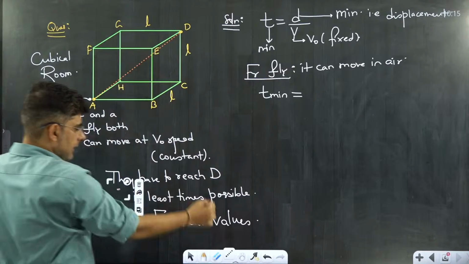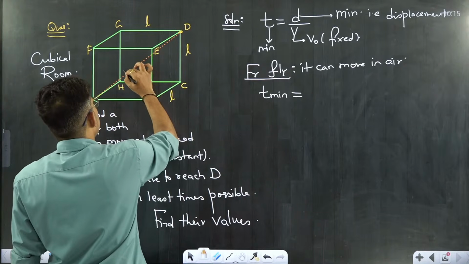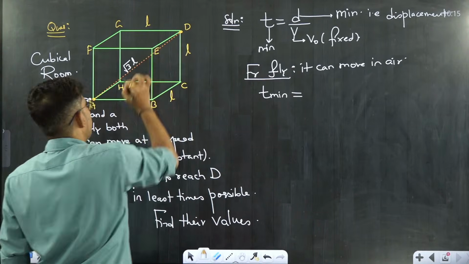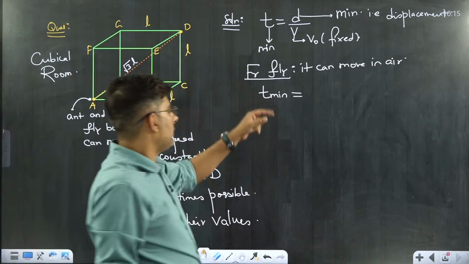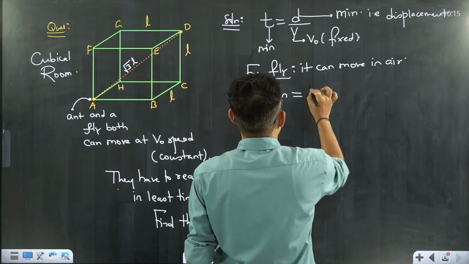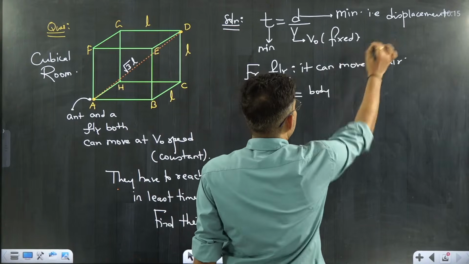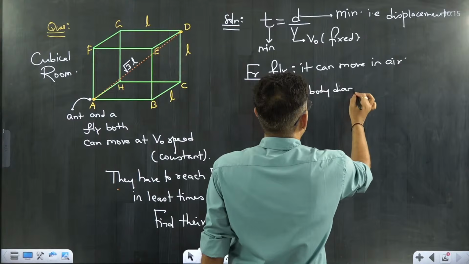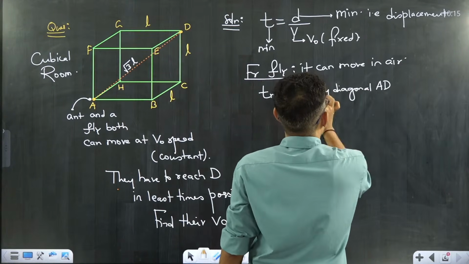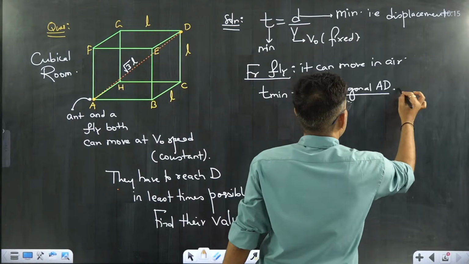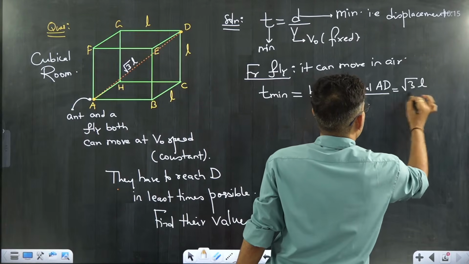This body diagonal, all of you would have heard this, is under root of L square plus L square plus L square, which is root 3L. So time minimum will be the minimum displacement, the body diagonal from A to D, divided by the speed, which is simply root 3L by V naught.